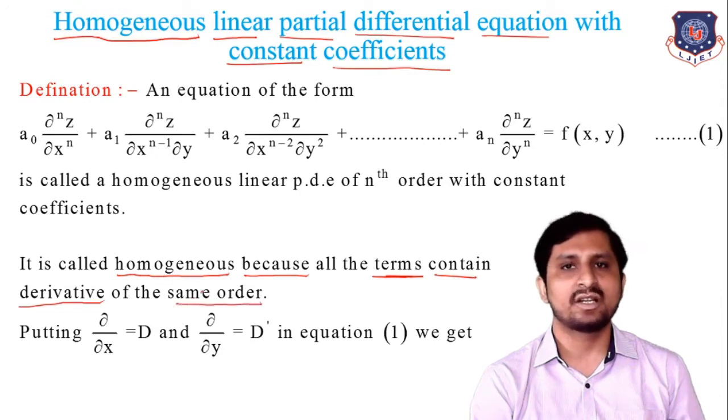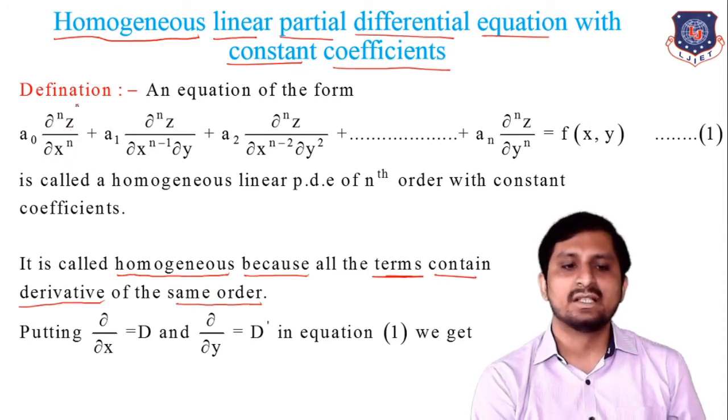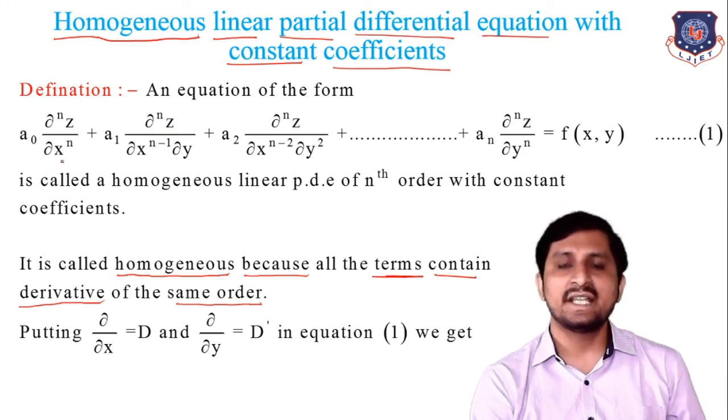Derivative of the same order means, you can see what is our first term, a0 del n z by del x raised to n. So the order is n, in general. Now here plus a1 del n z by del x raised to n minus 1 into del y. So the degree of x as a differentiation will decrease and the degree of y as a differentiation will increase.